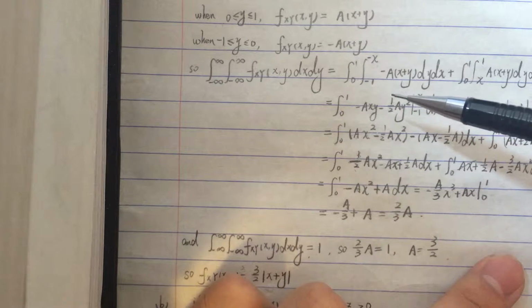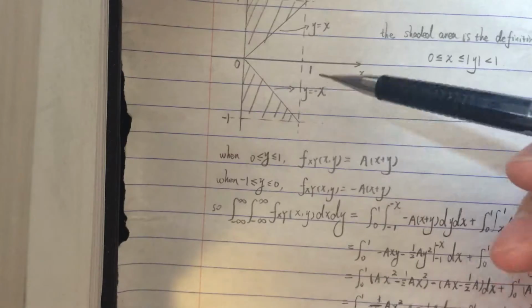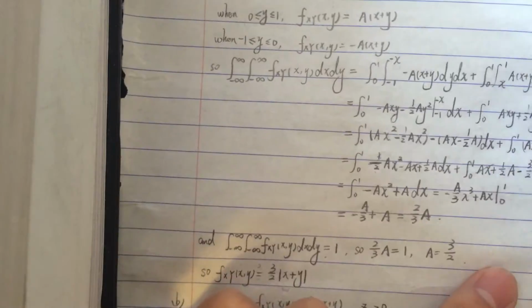So in order to calculate a, we integrate f of x and y over this region.